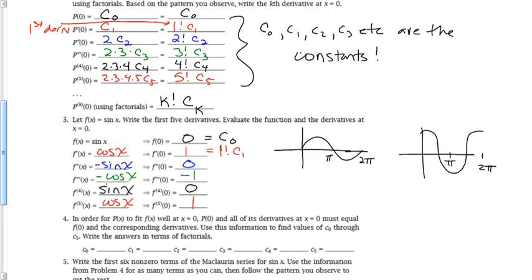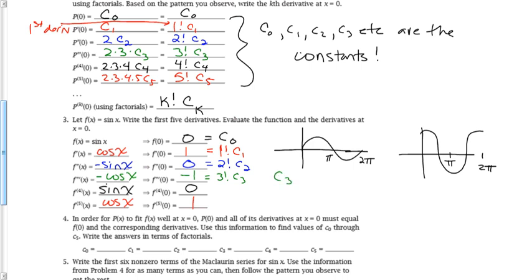So the first line tells me C naught is 0, C sub 1 is 1. The next one, 0 should be equal to 2 factorial C sub 2, which means C sub 2 is still 0. The next one tells me that 3 factorial C3 is negative 1, which tells me what C3 is.